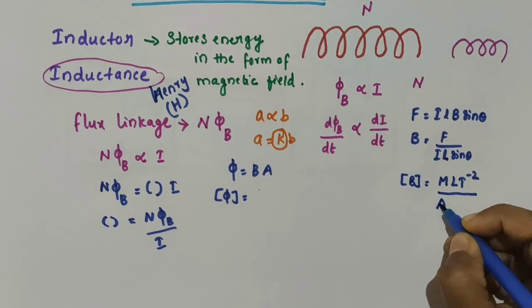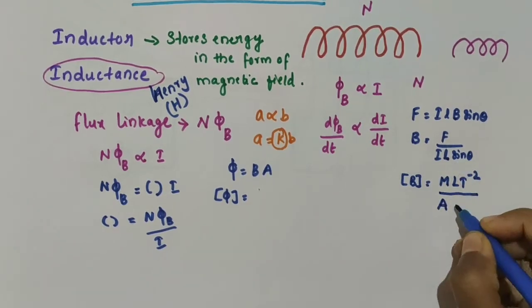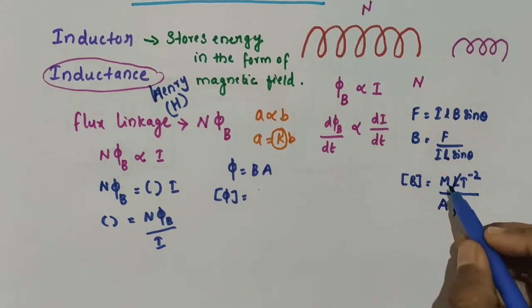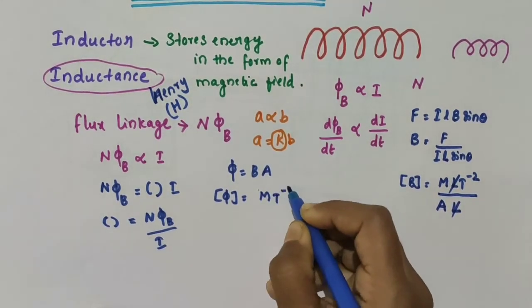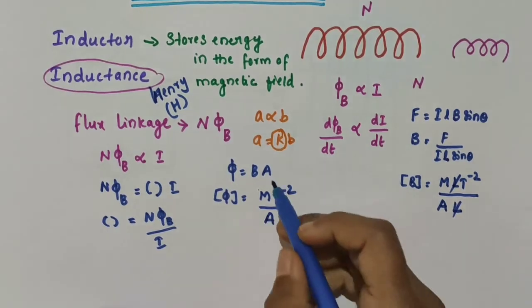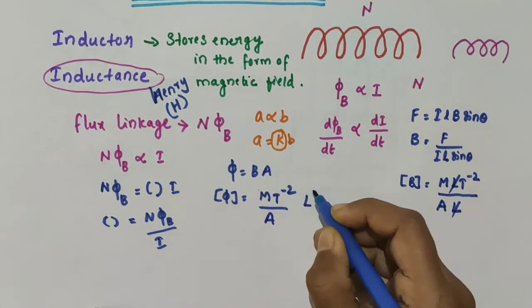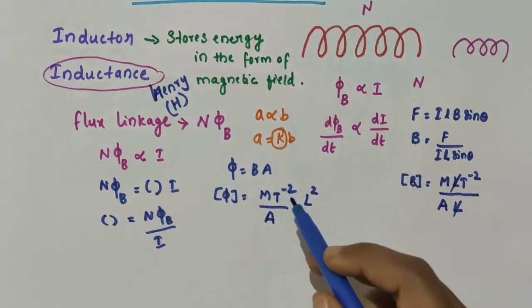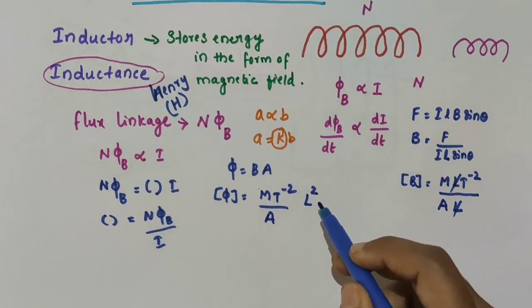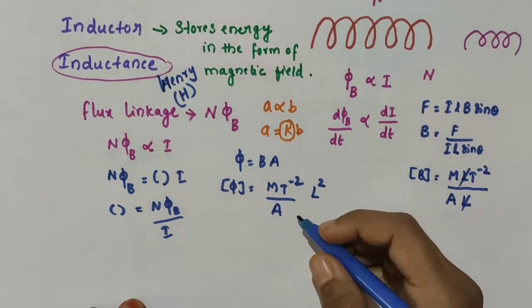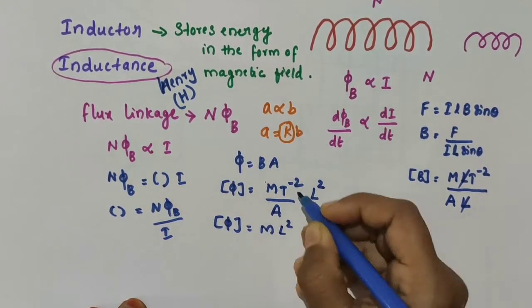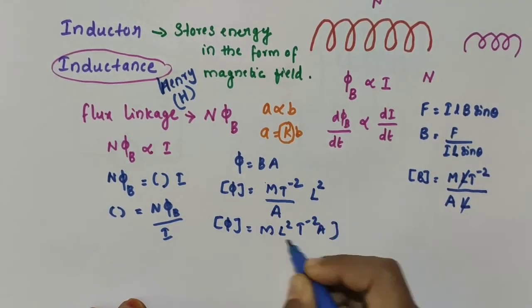Ampere, we used to take it as A. Then length, L. This L and this L can be cancelled, so we get M T raised to minus 2 divided by ampere, A. Then here we have the dimension of area, L square. So the dimension of magnetic flux is M L square T raised to minus 2 ampere.